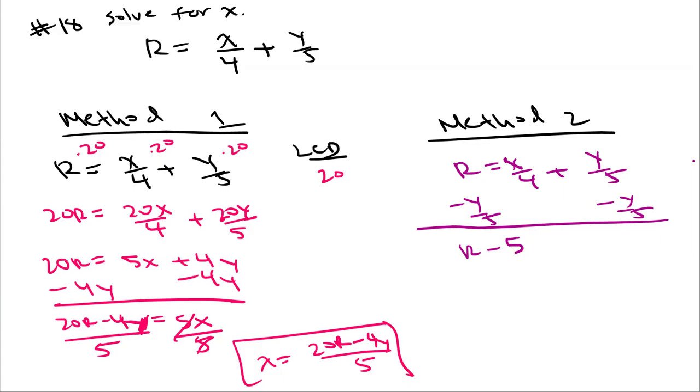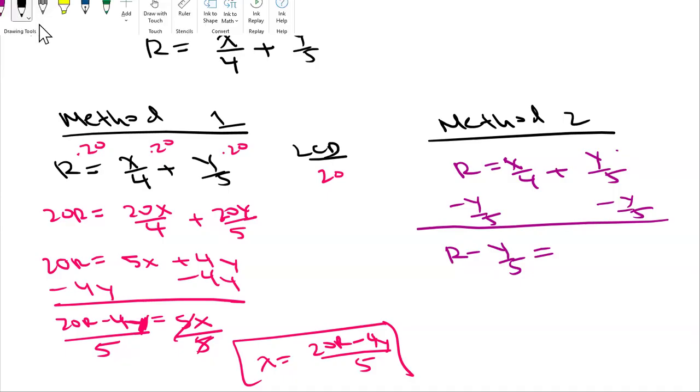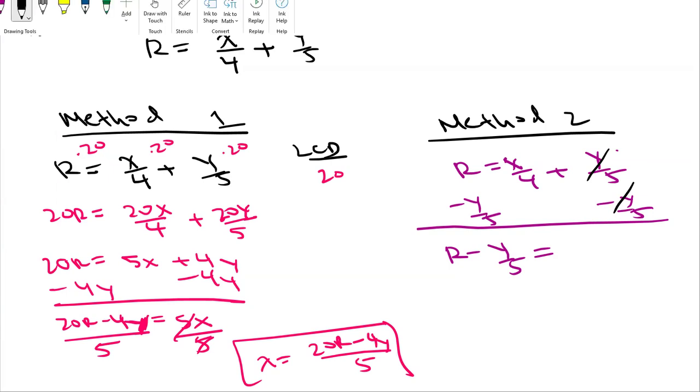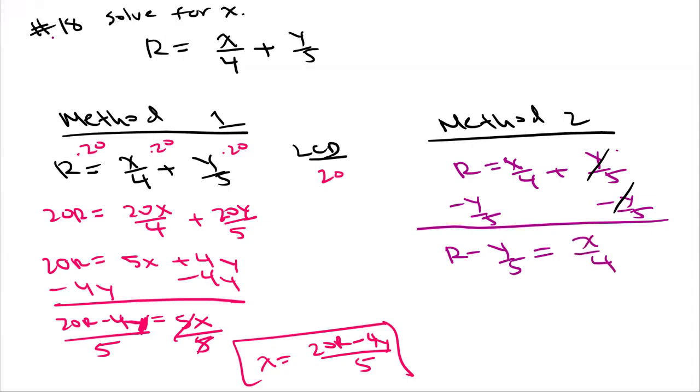Let me rewrite that. r minus y over 5. There we go. All right, and then these guys are going to cancel. Okay, and so then we're left with x over 4.